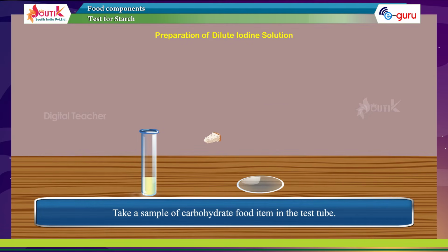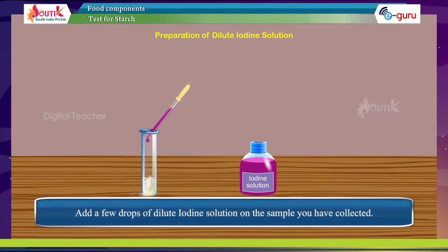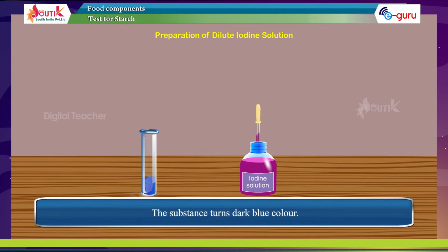Take a sample of carbohydrate food item in the test tube. Add a few drops of dilute iodine solution on the sample you have collected. The substance turns dark blue color. This is the test to find starch in the food.